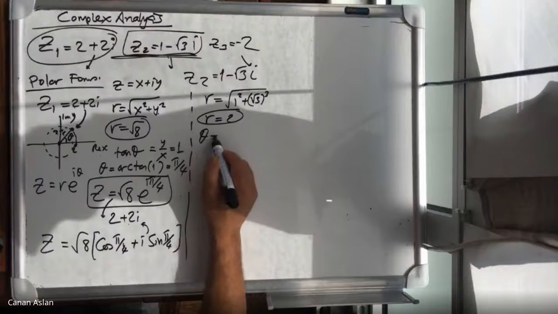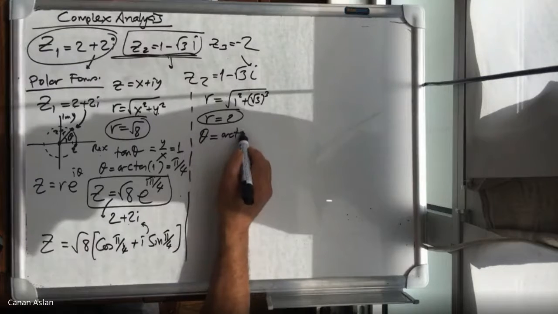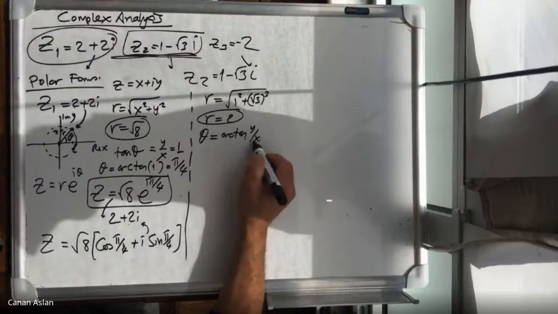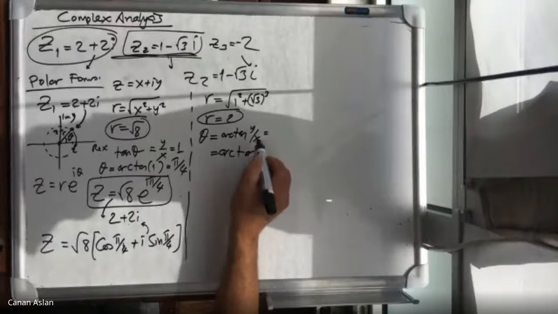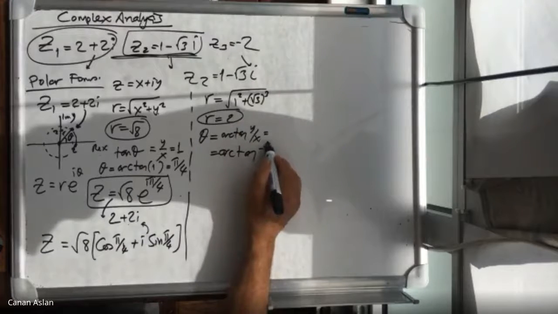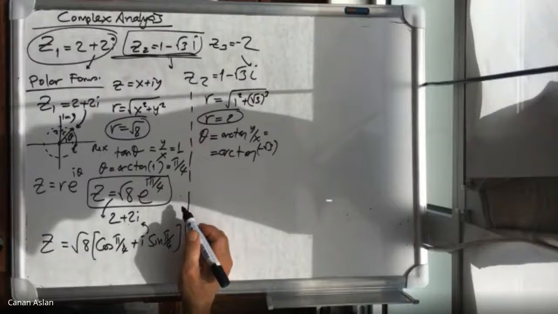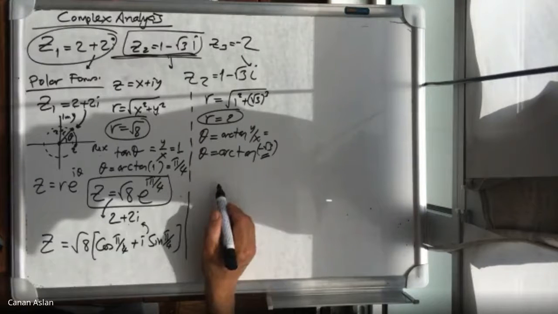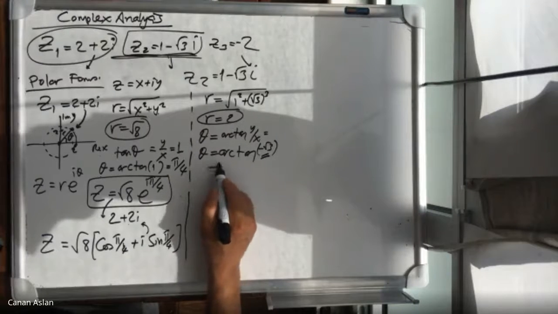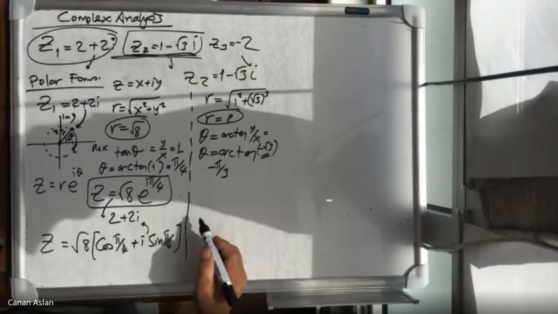Now the arc tangent of y over x: y is minus square root of 3, divided by 1, is just minus square root of 3. So what angle gives you minus square root of 3? It's minus pi over 3, in other words minus 60 degrees.